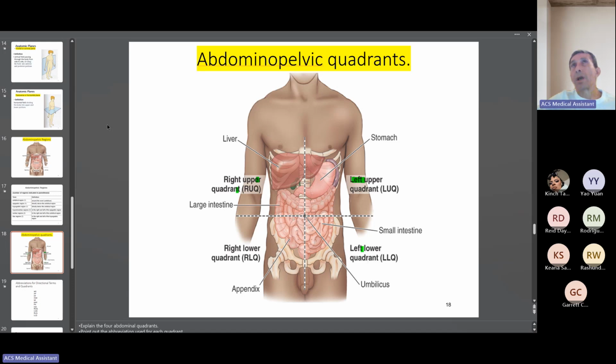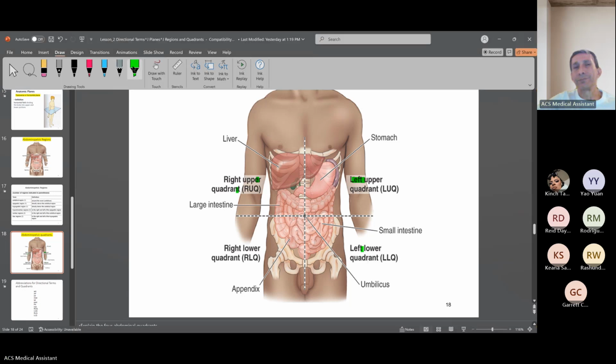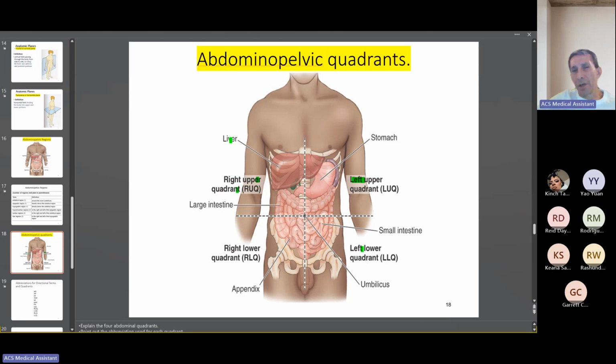In which quadrant do you find the liver? See, the liver is in the right upper quadrant because it's mostly on the right. The majority of the liver is in the right upper quadrant. They're going to ask, where is the stomach located? Which quadrant? Left upper quadrant. Why?